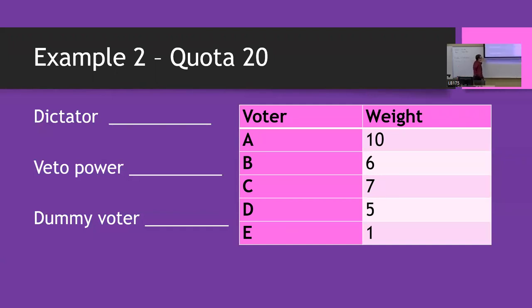And then dummy voter. A dummy voter is an individual where if they vote a different way, they can change the outcome.